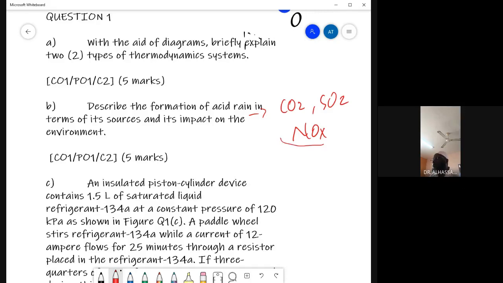When these are emitted into the atmosphere by means of combustion, or by means of power plant cycles, or even automotive emissions, they release these substances into the atmosphere.